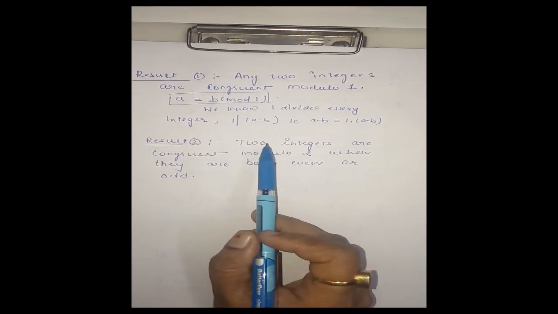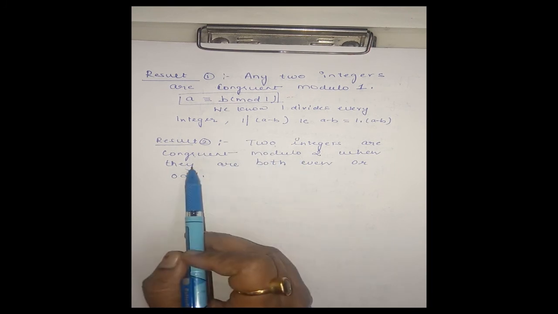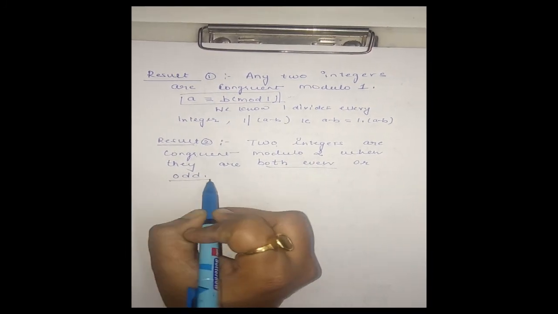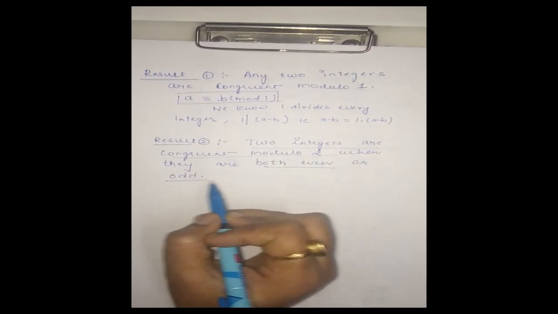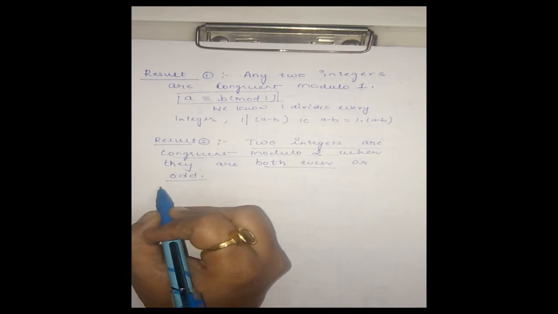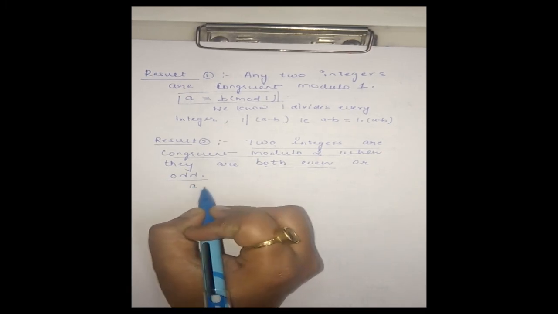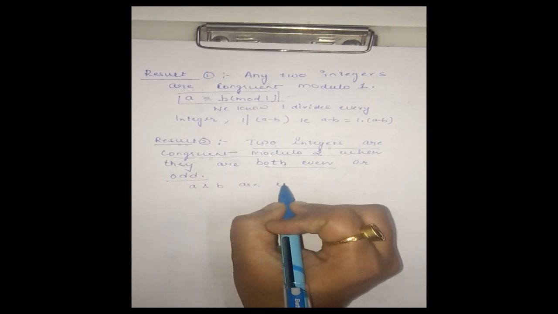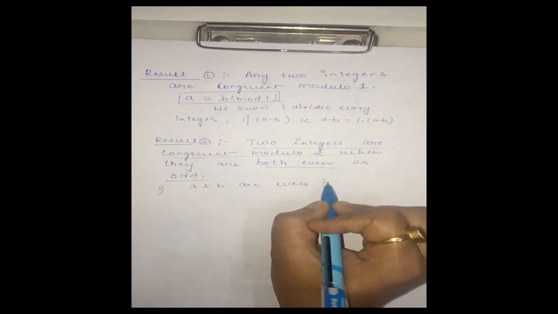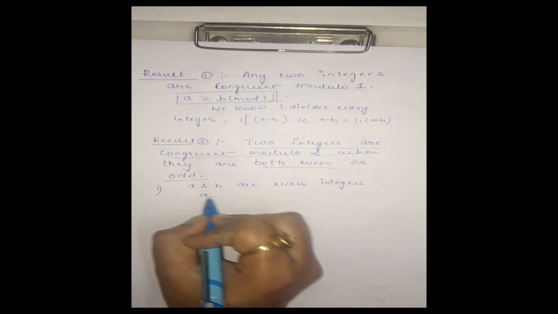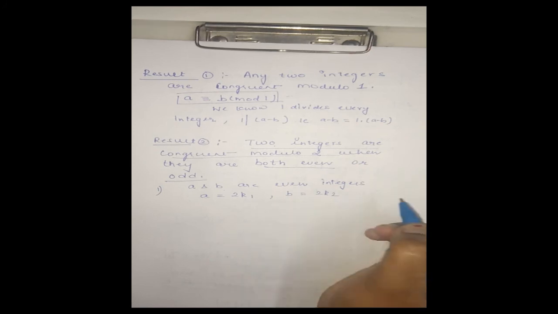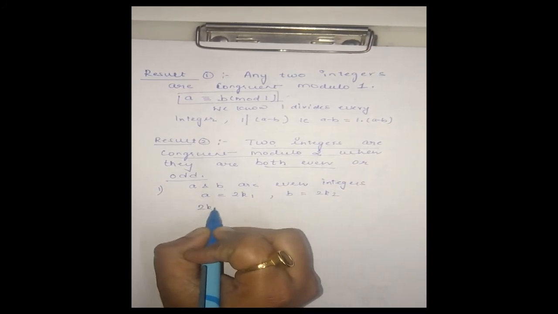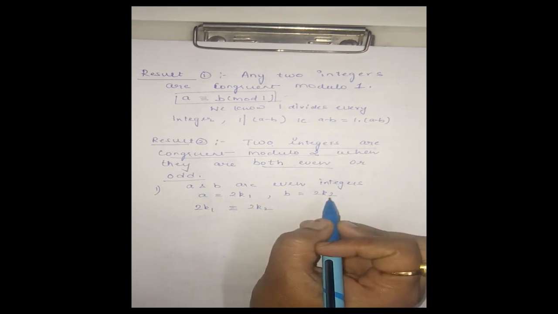Next we have: two integers are congruent modulo 2 when they are both even or both odd. For example, in case 1, if a and b are both even integers, I can take a to be 2k1 and b to be 2k2, where k1 and k2 are integers.